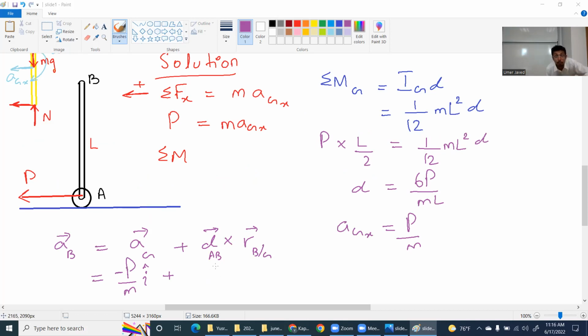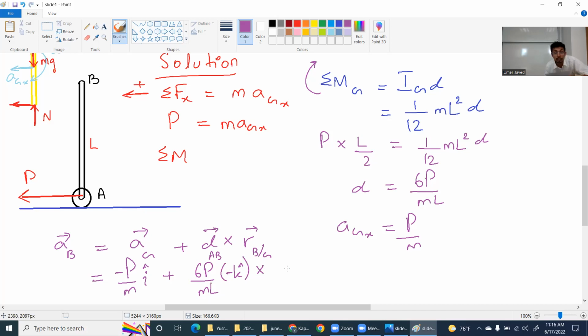Okay, what about alpha? Alpha we found as 6P over mL. So I will write 6P over mL, and this alpha is clockwise. So this means this is negative k.